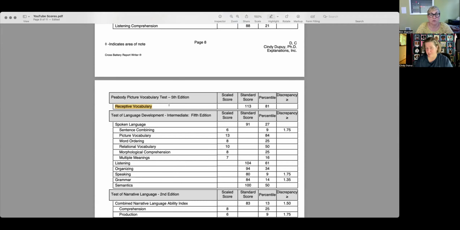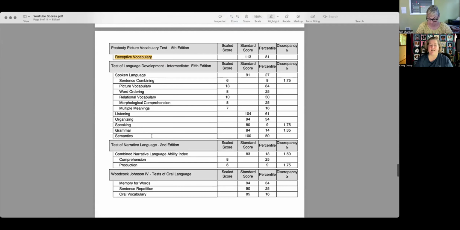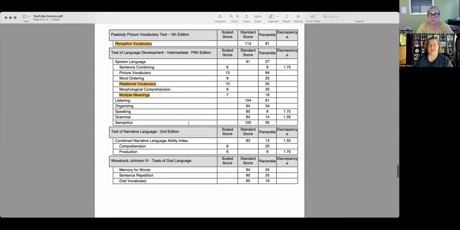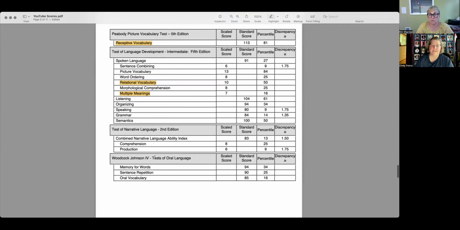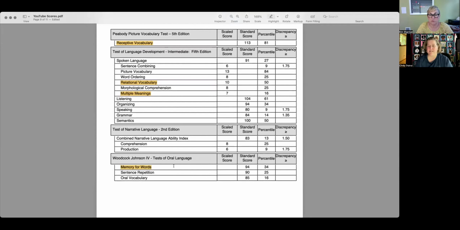Receptive vocabulary and the PPVT, multiple meanings, relational vocabulary, memory for words. Technically, that's oral vocabulary, all at word level.